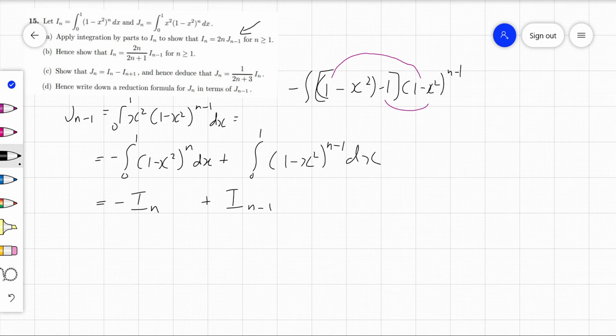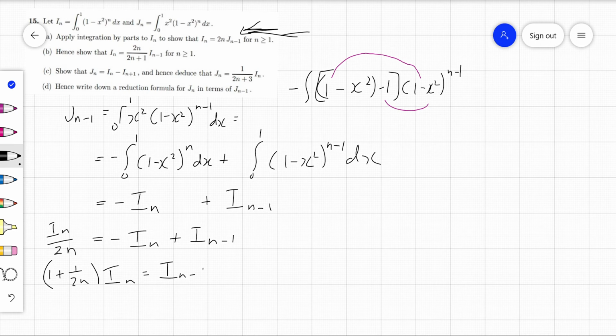So knowing that Jn minus 1 in terms of In is In on 2n, if I just rearrange that, I've got that and that. If I put all my In's together, I'm going to have 1 plus 1 on 2n lots of them over here, which we know is 2n plus 1 on 2n.